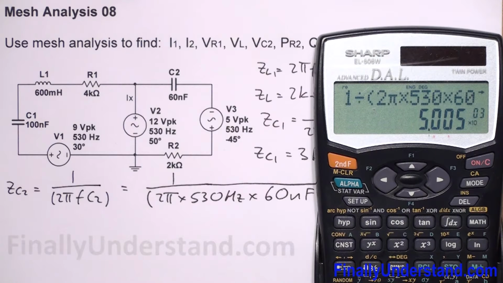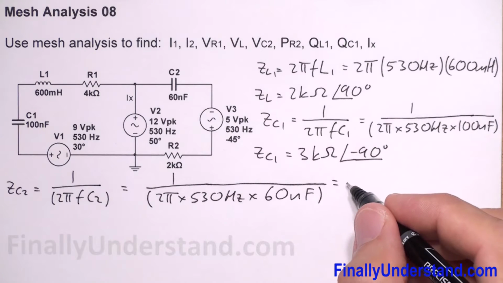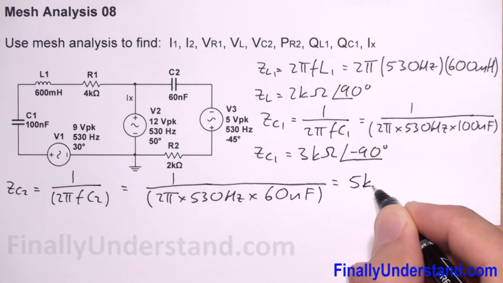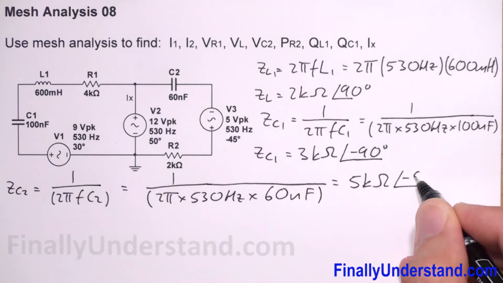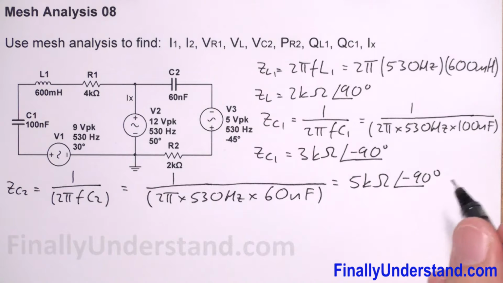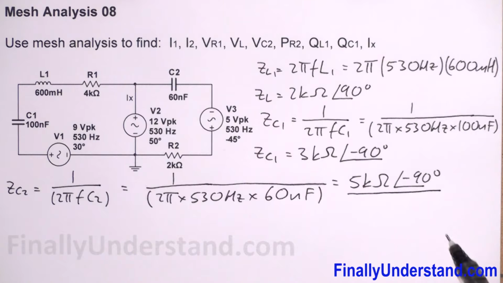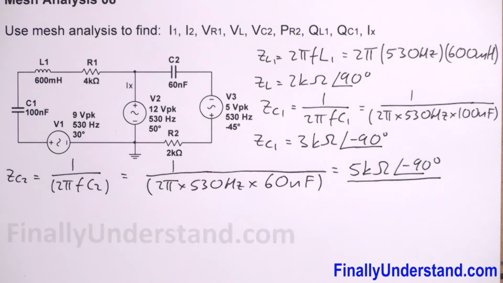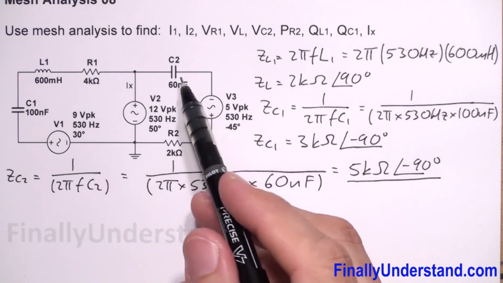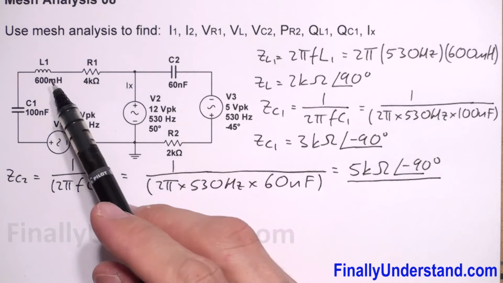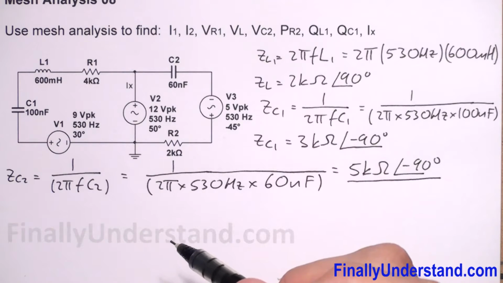This is equal to 5 kiloohms and an angle of negative 90 degrees. So this is my Z of C2. So I have the impedances of capacitor C1, capacitor C2, and inductor L1.